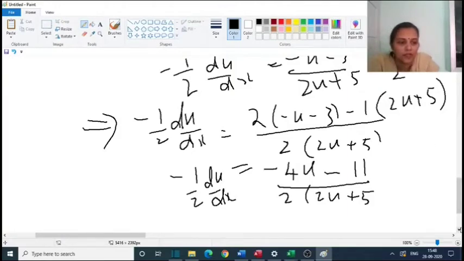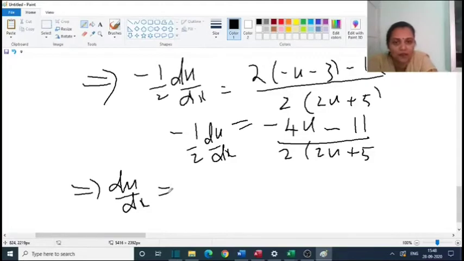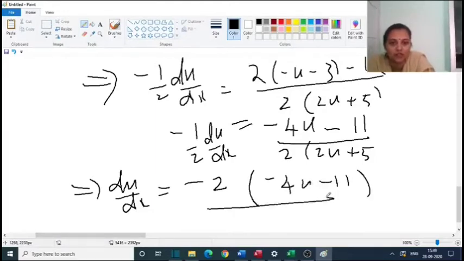Now du by dx equals, moving the minus 1 by 2 to the top, minus 2 into (minus 4u minus 11) by 2 into (2u plus 5).